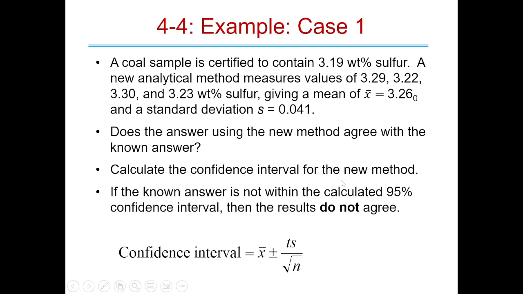Okay? Where do we get t? Well, we need to know our confidence interval, right? So what's the square root of n? Where will we get that n value?